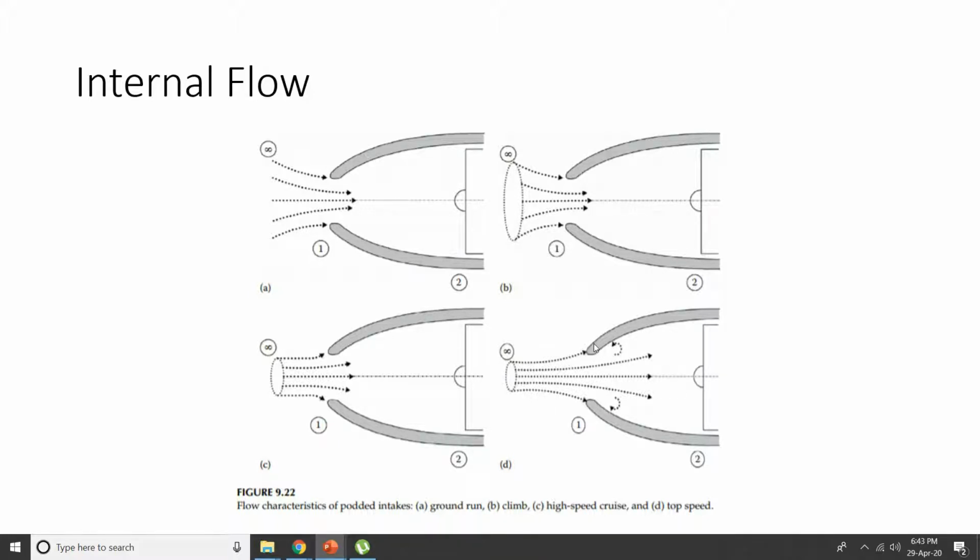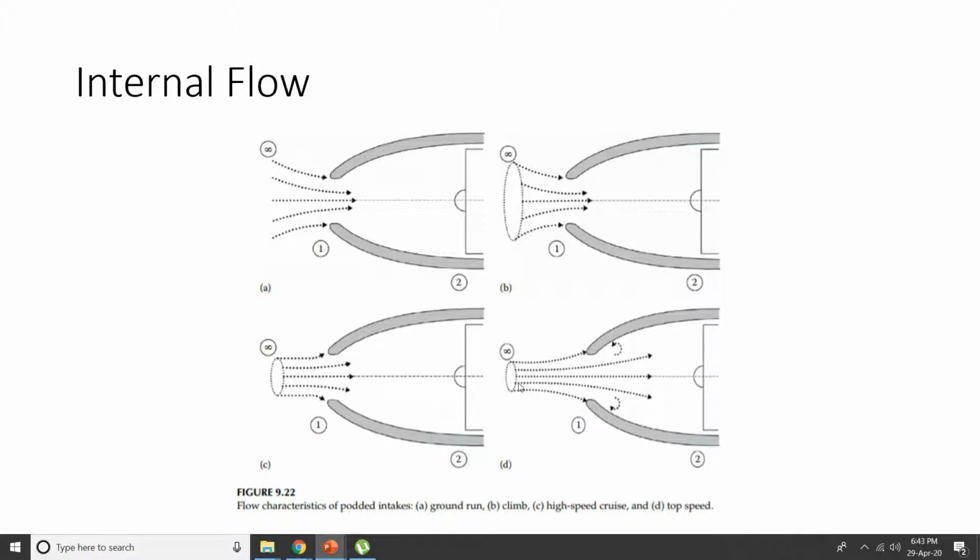Flow separation is when the airflow detaches from the surface. Okay, so the airflow will detach from the surface, as in stalling. I mean, stalling, you can't relate that to this. So basically the flow won't attach to the surface. Okay, the flow is detached from the surface, you call it flow separation.